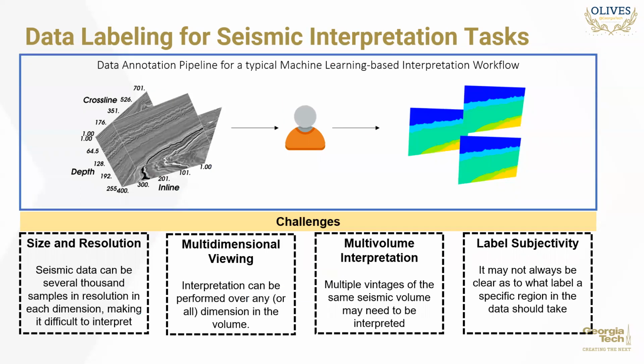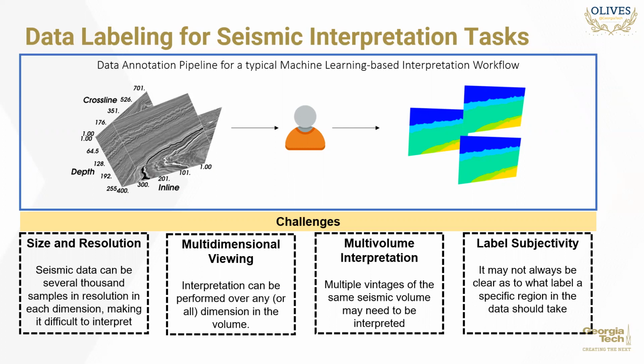Specifically in the context of seismic volumes, we have all these different problems that I briefly touched on in the previous slides. There's the matter of size and resolution. Seismic data sets are very large in size. They're multidimensional, which makes them harder to interpret. And then there's multi-dimensional viewing: you can view them in the cross-line orientation, the inline orientation, or the depth orientation.